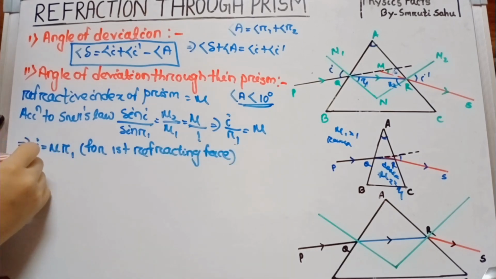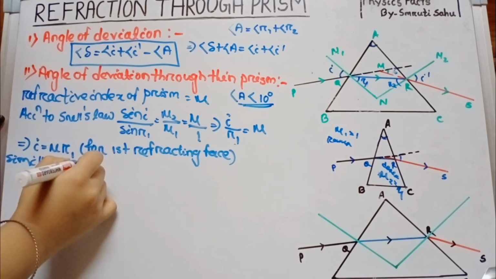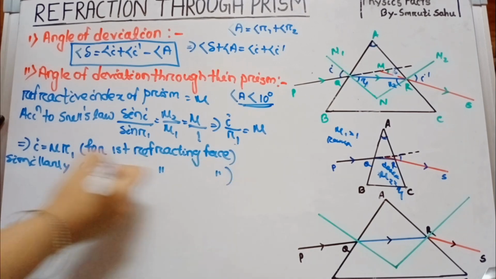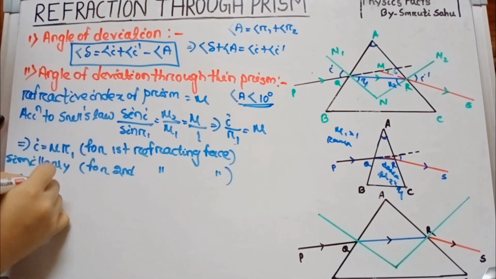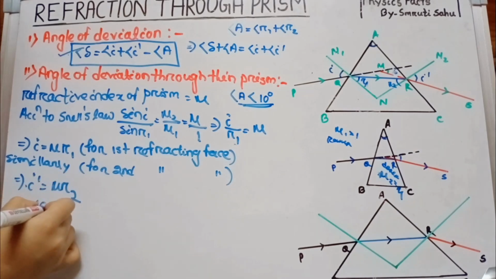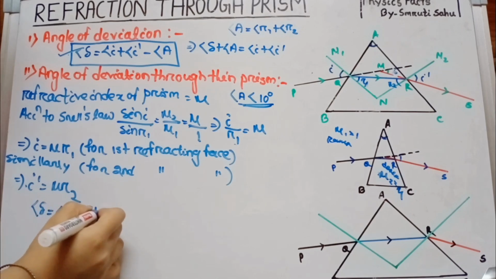Similarly, for the second refracting surface, I prime equals mu R2. So the angle delta equals I plus I prime minus A, the angle of prism.